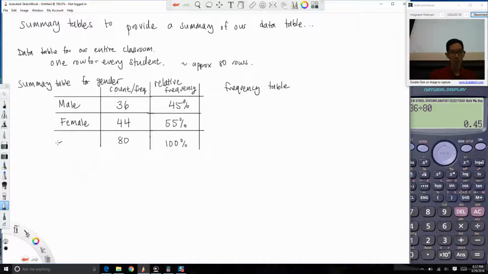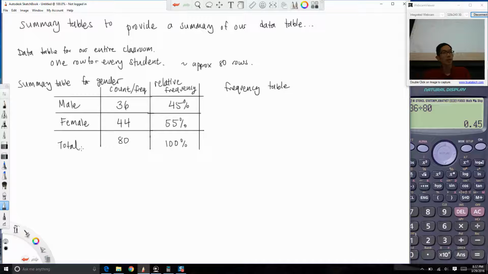So we've taken the data table, which has 1 row for every student and has 80 rows, and we've shrunk it down to just 2 rows. And this is a summary table, okay? And so when it's a summary table for this, we call it a frequency table, or a relative frequency table if we've got this.